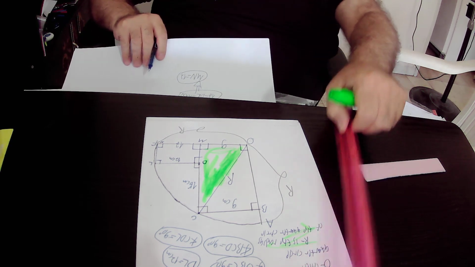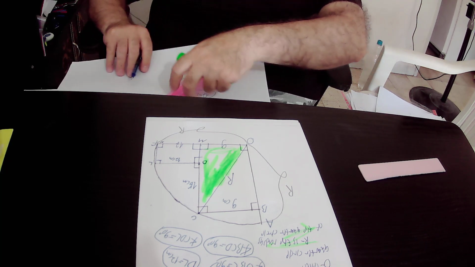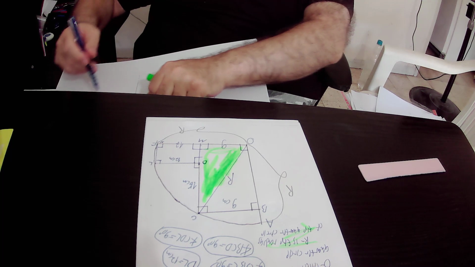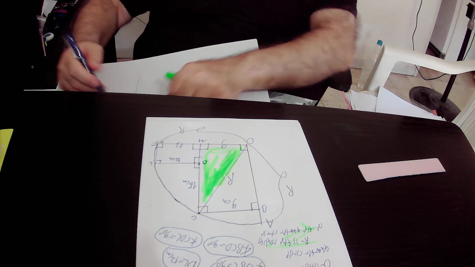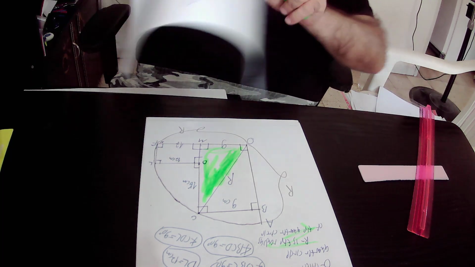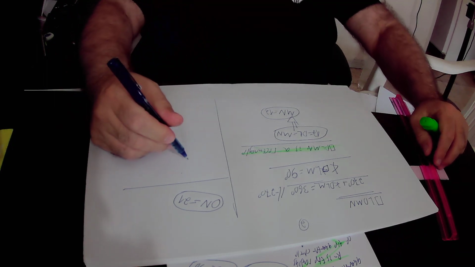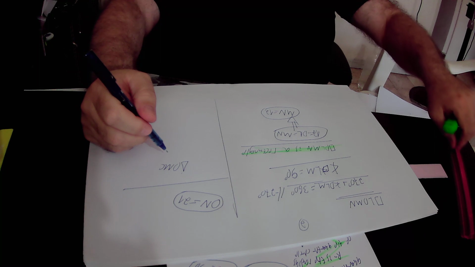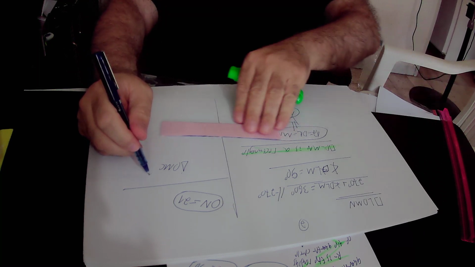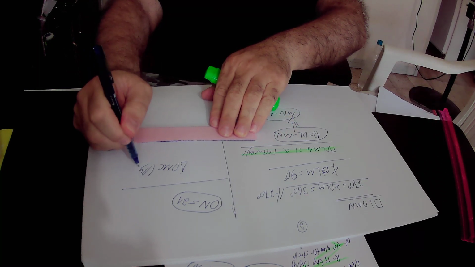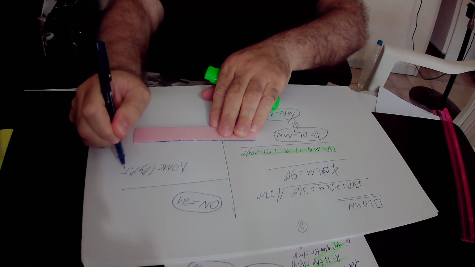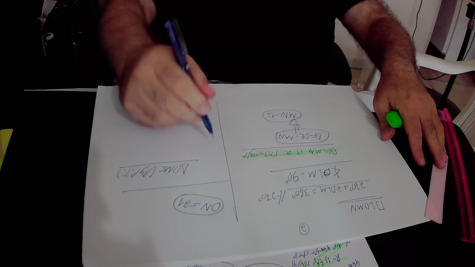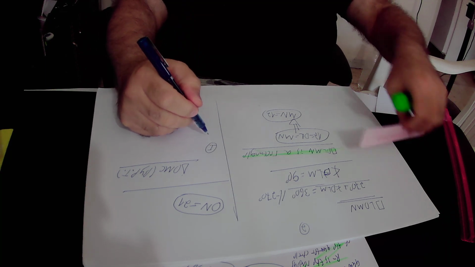So we'll focus on the green right triangle OMC. In the green right triangle OMC, by PT, a version of the Pythagoras theorem, according to the Pythagoras theorem, the square of the hypotenuse equals the sum of the squares of the perpendiculars.